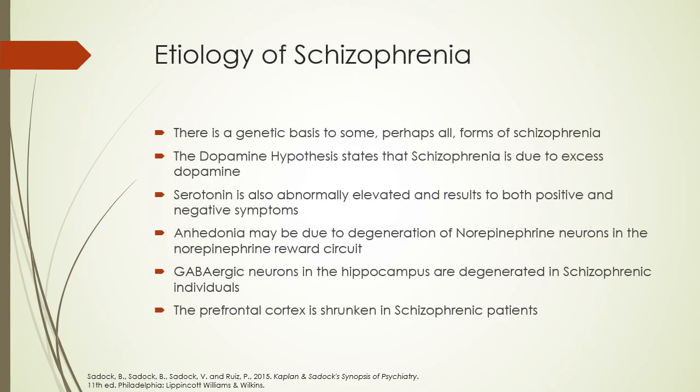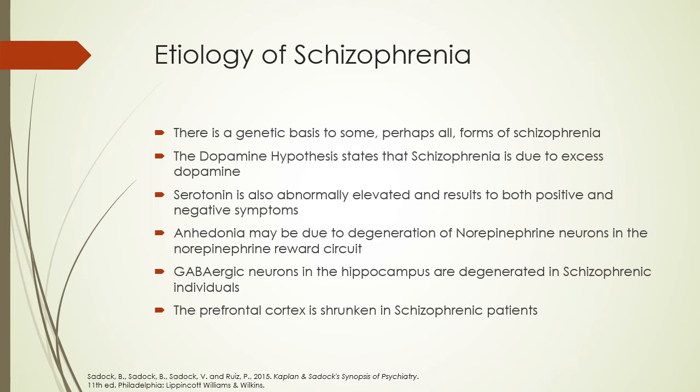So what causes schizophrenia, or what do we know about schizophrenia? There is a genetic basis to perhaps all forms of schizophrenia, which means that it runs in the family.